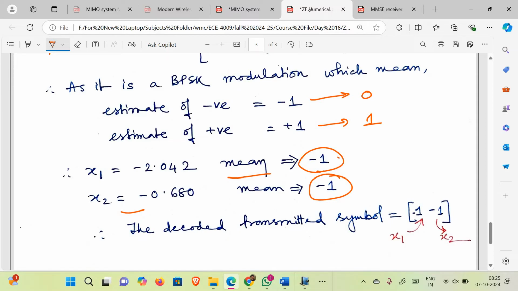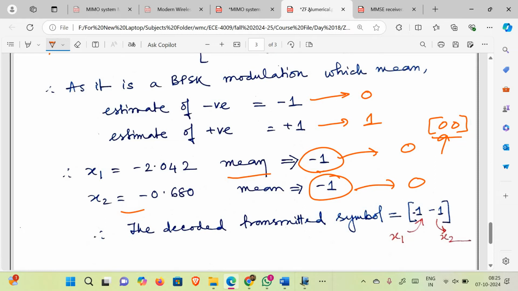And this -1 relates to a 0 and 0. So basically the transmitted data at the transmitter would most probably be a 0-0 vector. This was the data transmitted over the air interface, which we have received, and the receiver is now showing the outcome after the channel modification has happened.